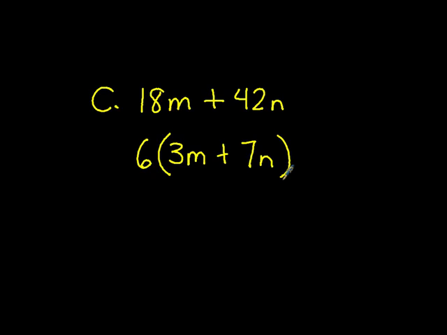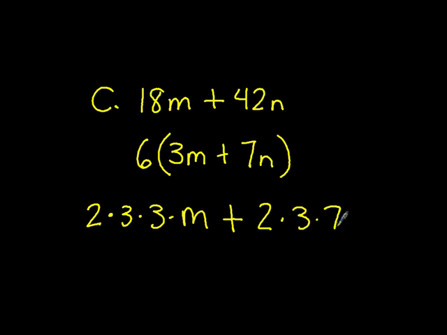Now, if that's still a little bit too tough for you, you can go ahead and factor out this. Let's see, what would it be? 2 times 3 times 3 times m plus 2 times 3 times 7 times n.